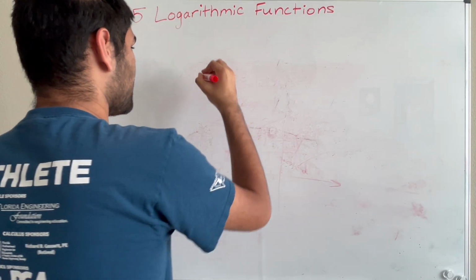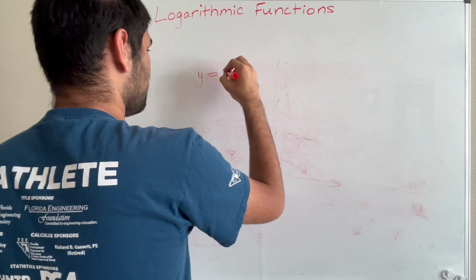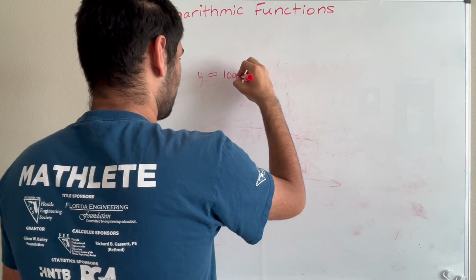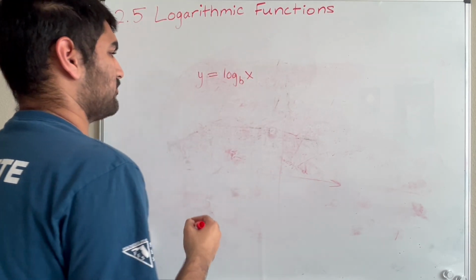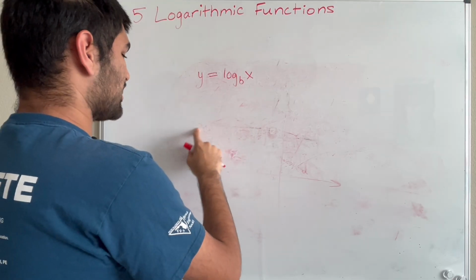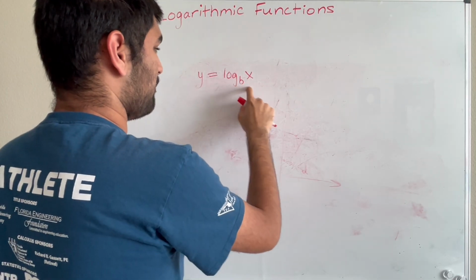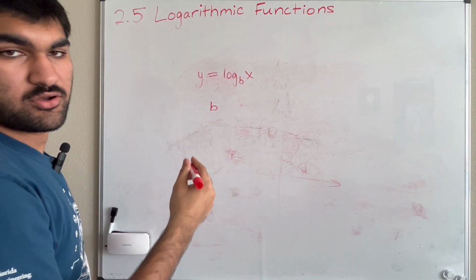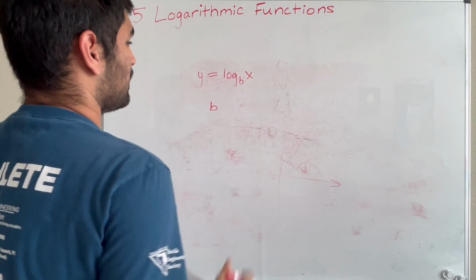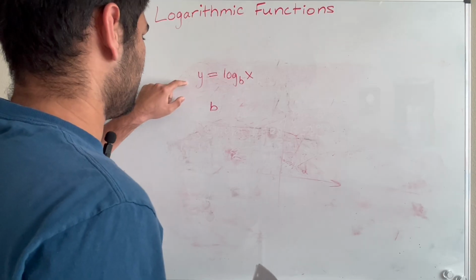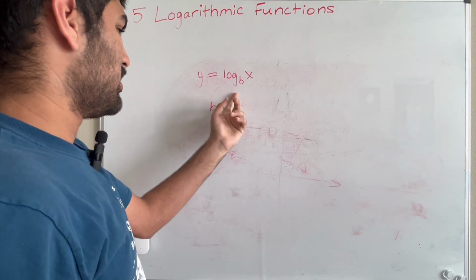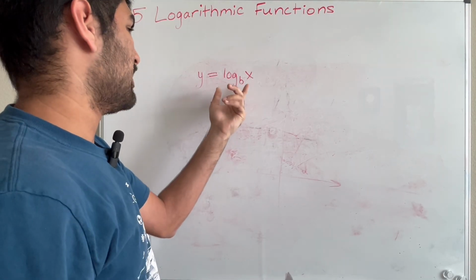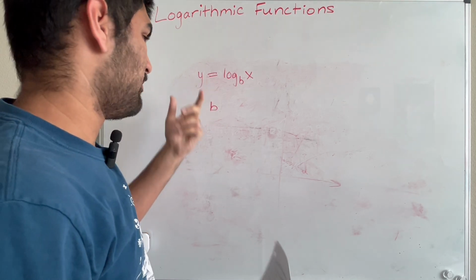So now let's go back more in depth into how to convert between logarithmic and exponentials. Generally speaking, let's say we have y equals log base b of x, right? So that means that b is the base to which you're raising the power. And logarithms output the exponent, because in exponentials, the input is the exponent, meaning that in logarithms, the output is the exponent, because input and output are switched.